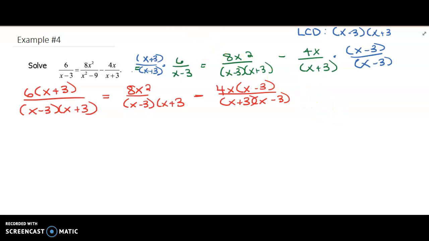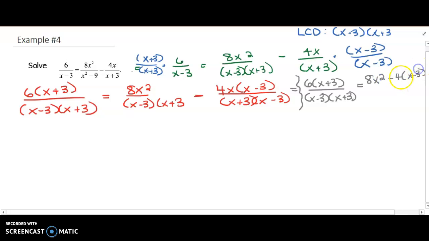Okay, if I go a step further, guys, this is 6 parentheses x plus 3 over (x minus 3)(x plus 3). That's going to equal 8x squared minus 4x parentheses x minus 3 over (x plus 3)(x minus 3).